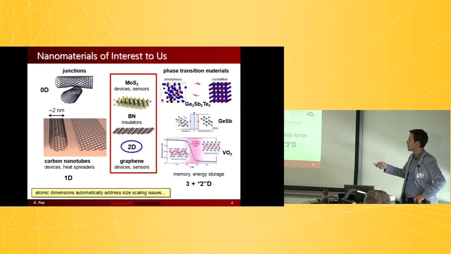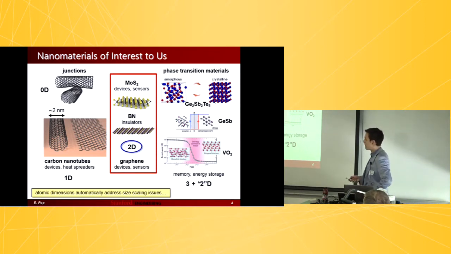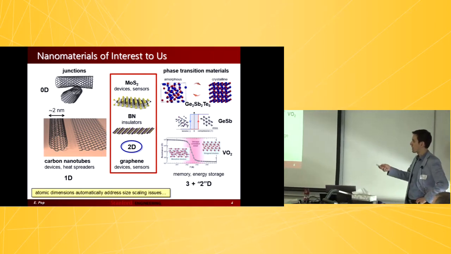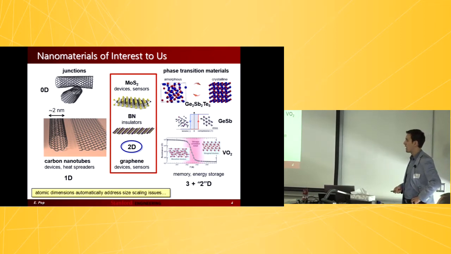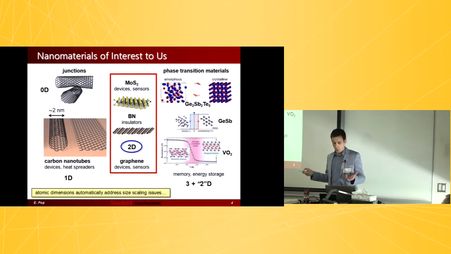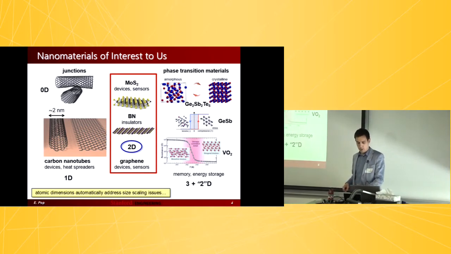And of course, these require no introduction, especially after the 2 really nice talks this morning. I just want to mention that the atomic dimensions of especially 1D and 2D materials automatically in some way address some size scaling issues which Moore's law obviously has been driving us towards for many, many decades now.